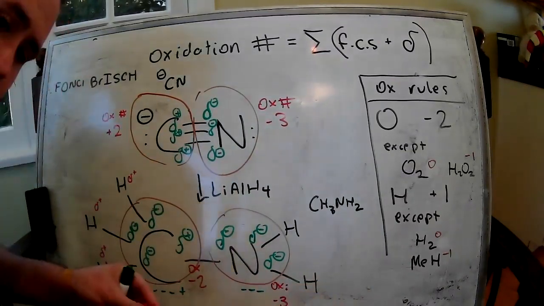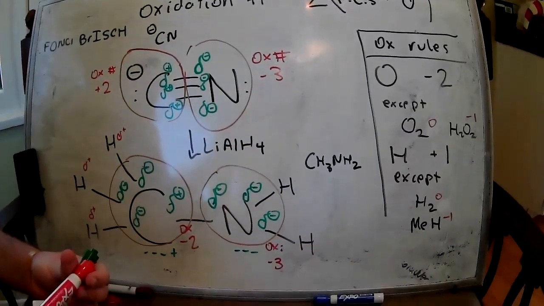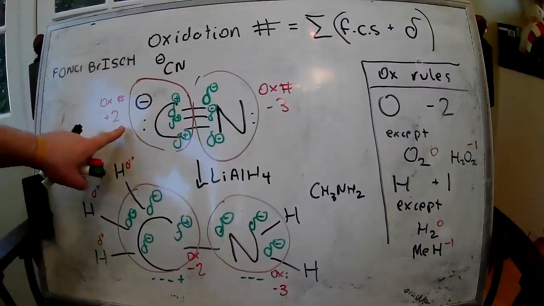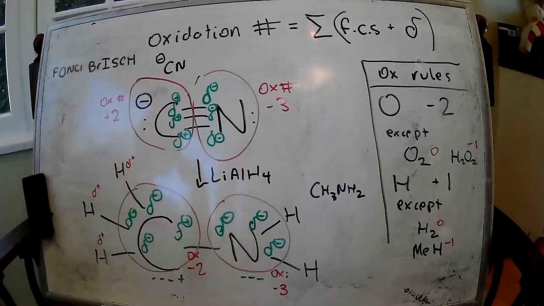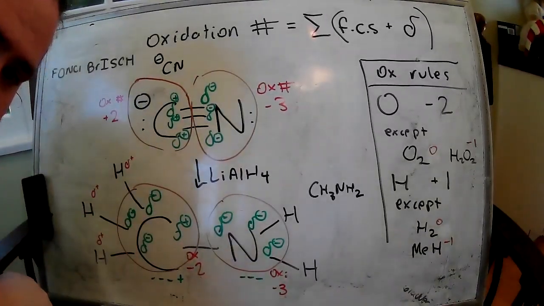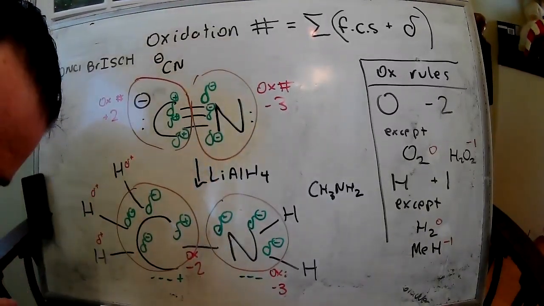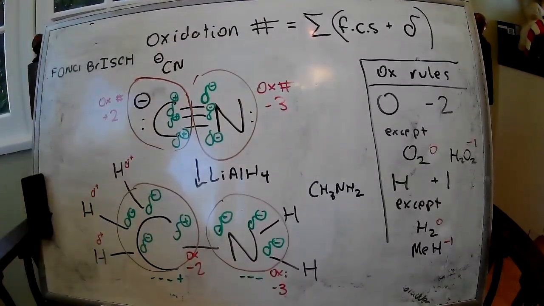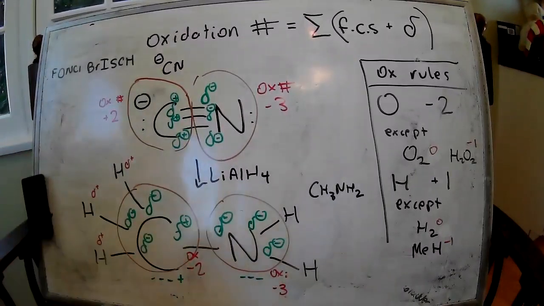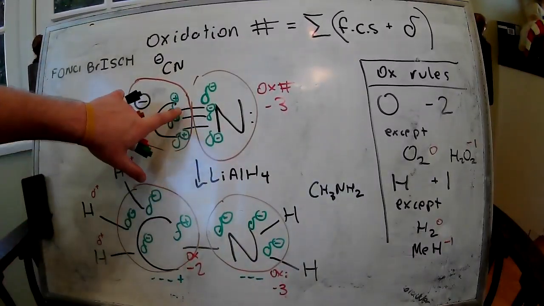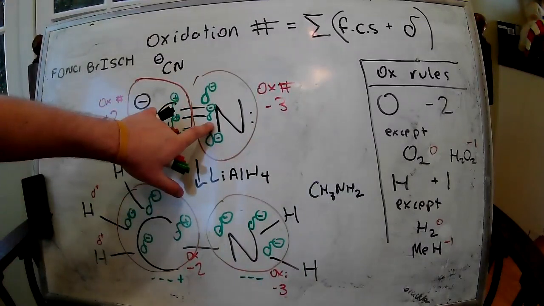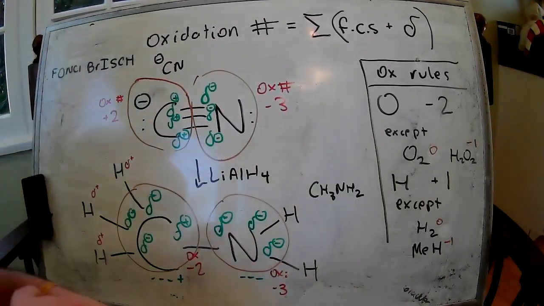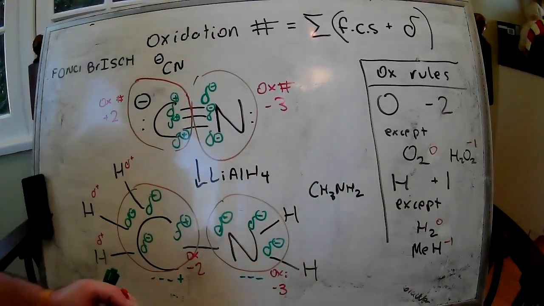So can we explain this? Carbon was reduced here, right? One of our definitions of reduction is gain of bonds to hydrogen, and carbon, in fact, did gain 3 bonds to hydrogen. So that's one way we could say it was reduced, or we could say carbon also lost bonds to nitrogen. It lost bonds to an element that is more electronegative, and that's going to be one of our other definitions of reduction.